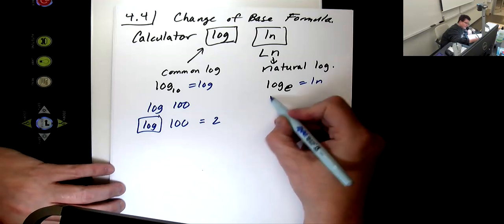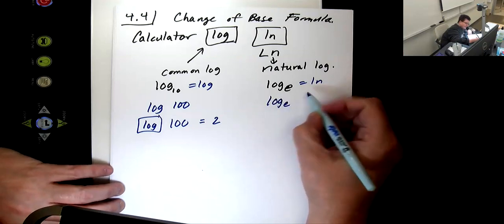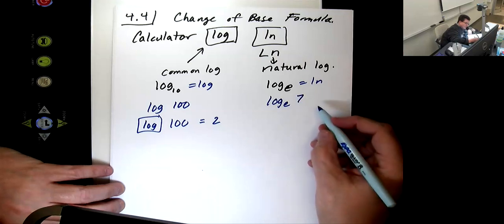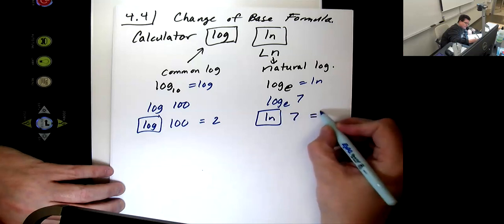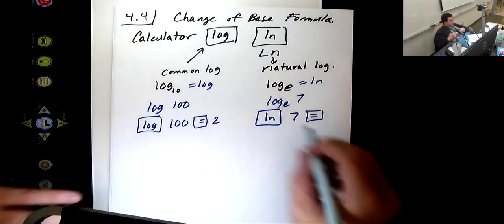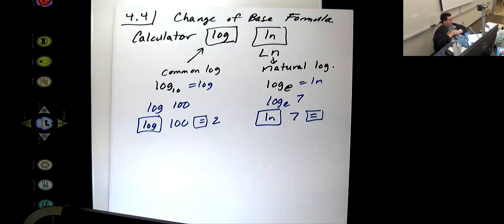If you have log base E of 7, you can put in ln 7 equals. I have no idea what natural log 7 equals. I bet it's a little under 2, maybe 1.8. I want to know, so you can make sure you know how to use the calculator. I'm getting 1.9459.